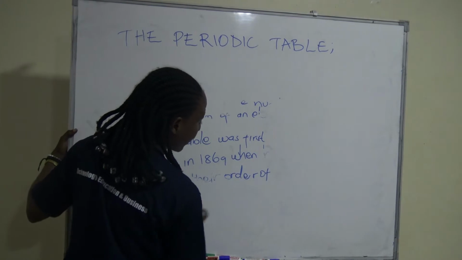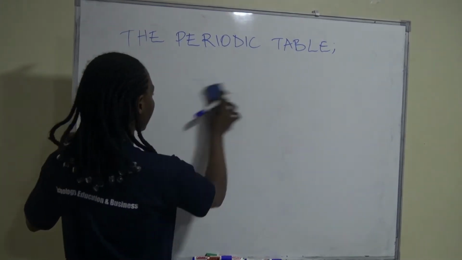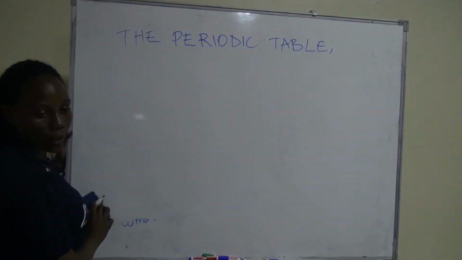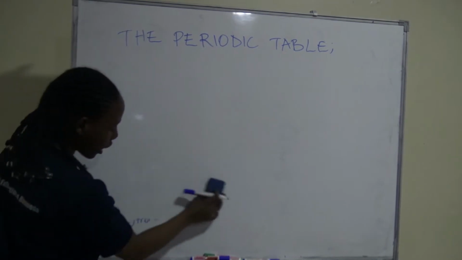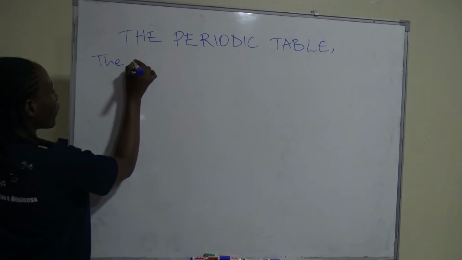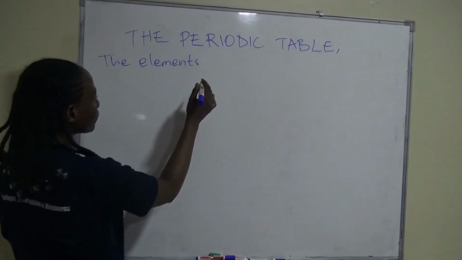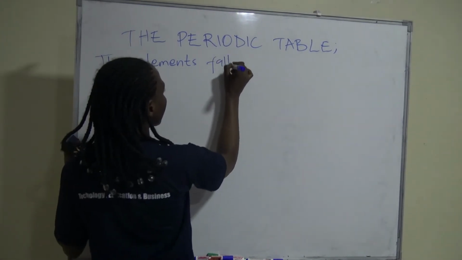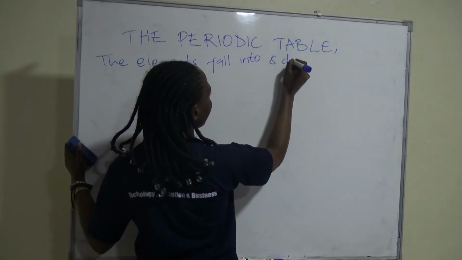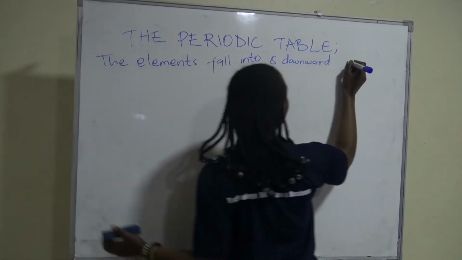So the elements fall into 8 downward arrangements.